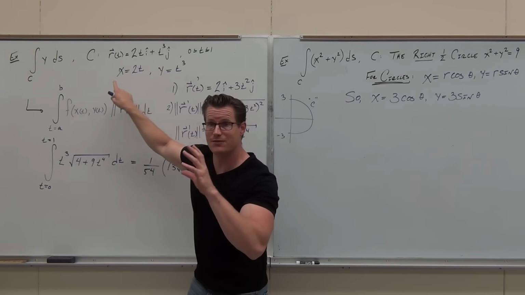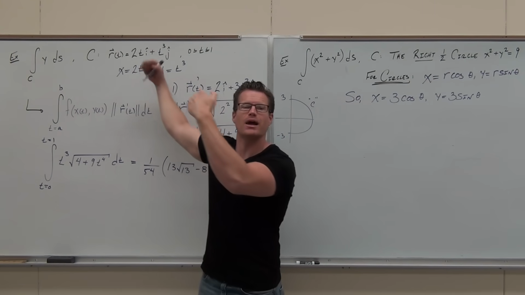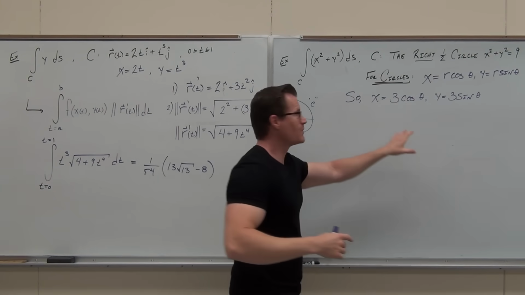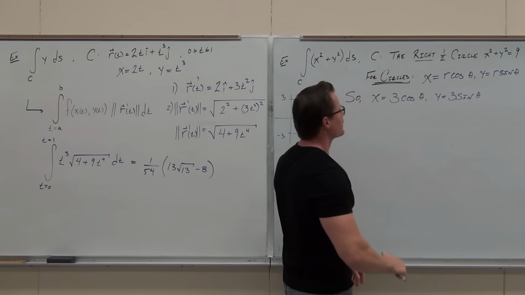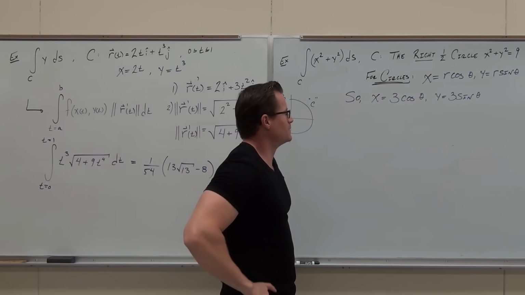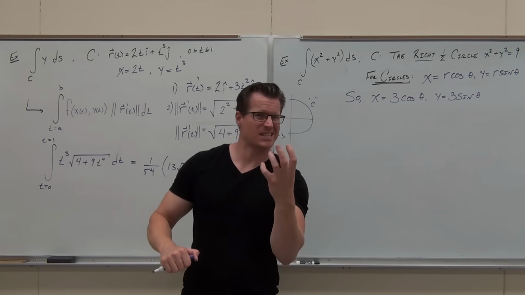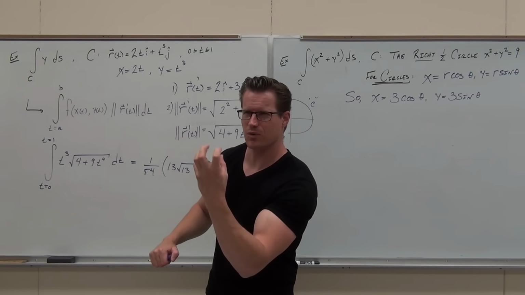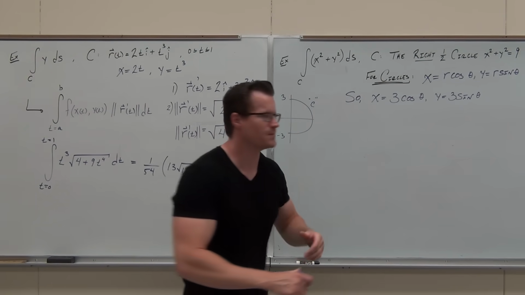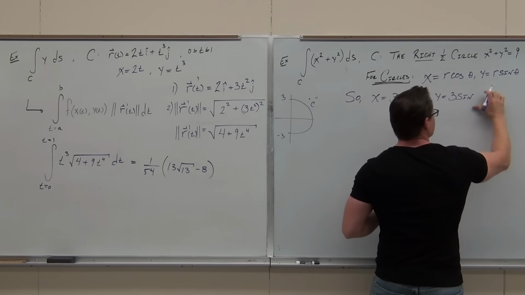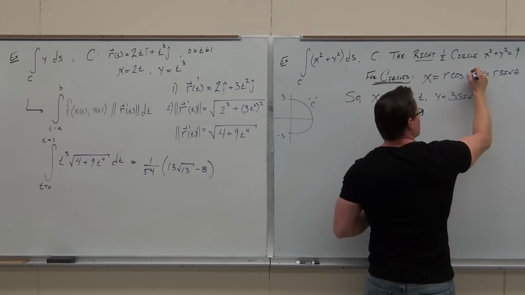So if I give you x and y, can you go backwards and create a vector function from that? Yeah. Then do it here. Theta is great and you can stick with theta, but typically instead of theta we use what variable? Let's just change them to t, that way we stick with our parameters. So theta equals t. Yeah, you could do that, or just call them all t.